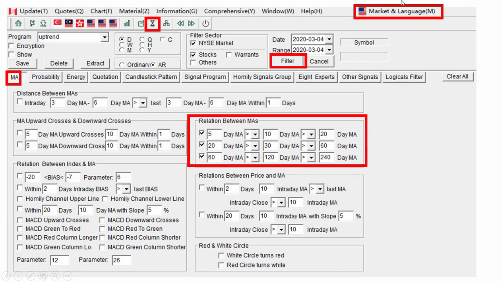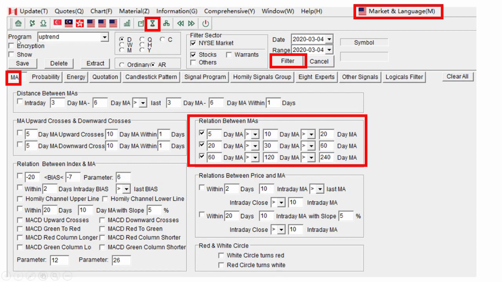First step, we click the market and language to choose the market. The second step, we click the technical filter. Third step, we click MA, see the relation between MA, tick, filter. So all these shares have short-term, mid-term, and long-term all rising.